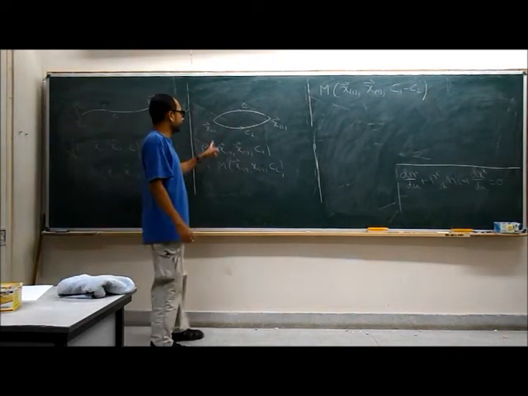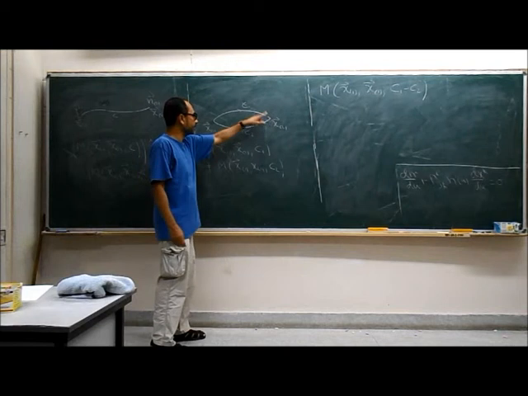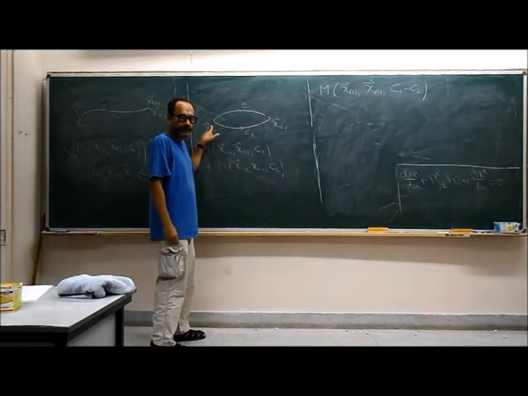So this means that your initial point is x1, final point is x1, and what is the curve? C1 minus C2. So C1 will go like this and then come back like this.